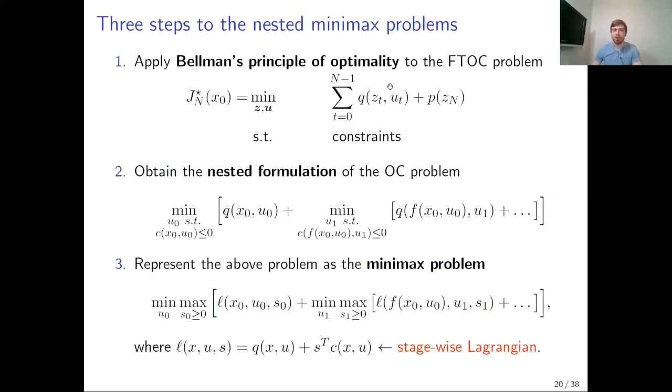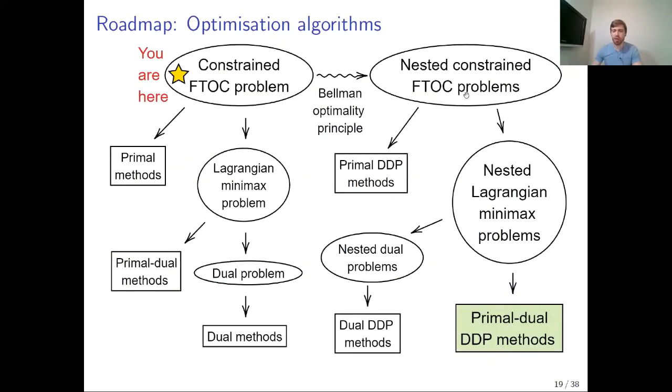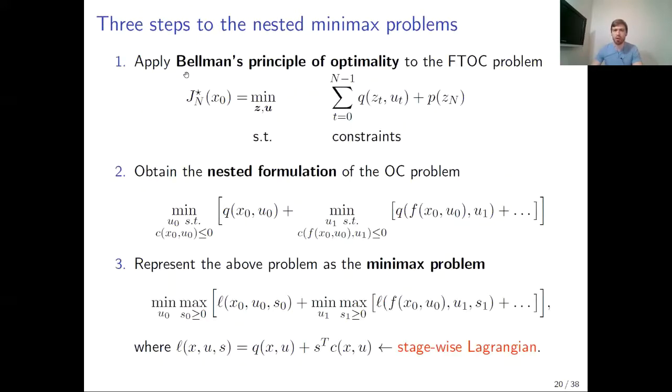Yeah, so as you can see from the map, we have to take three steps to arrive at this green area. The first step is to apply the Bellman principle of optimality to the original problem. So as you can see, we have the original problem. Then we consider a nested formulation, which is nested minimization problems with constraints.